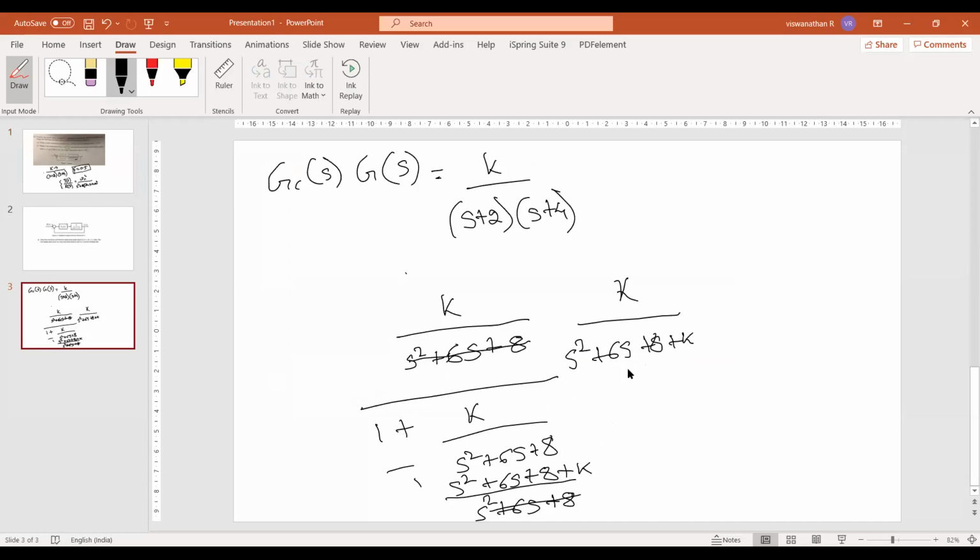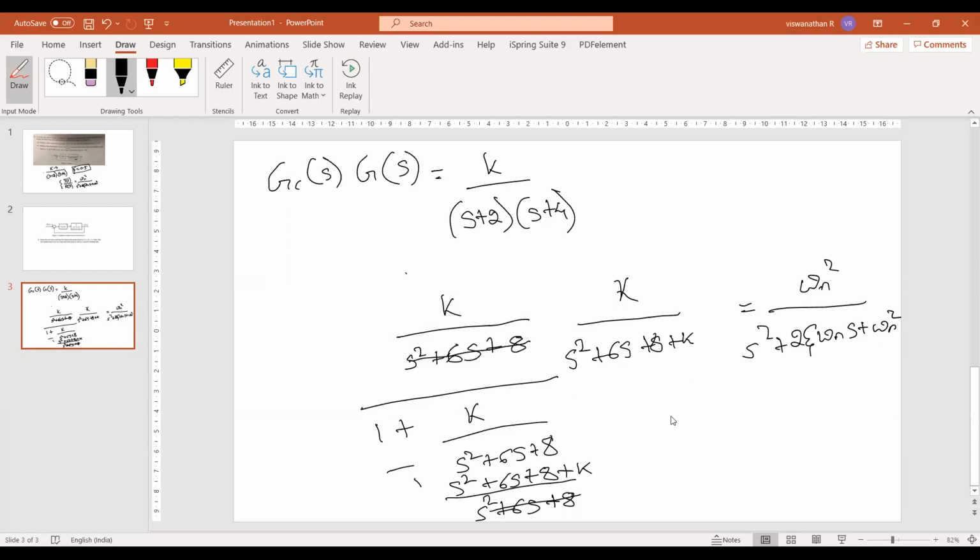Now this is written as omega n square divided by s square plus 2 zeta omega n s plus omega n square.